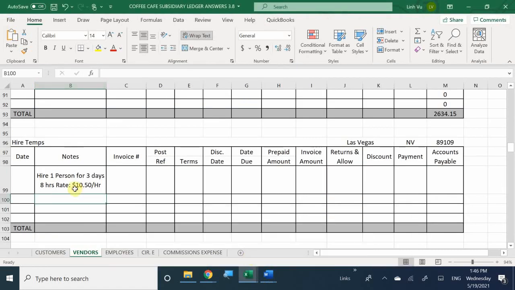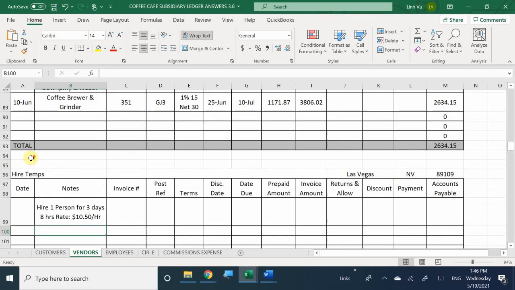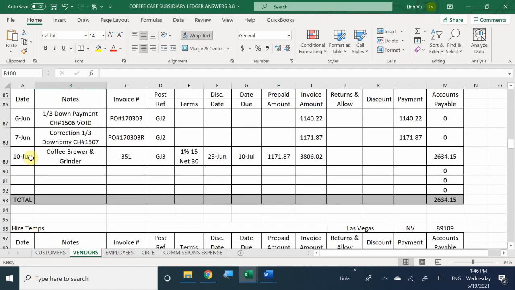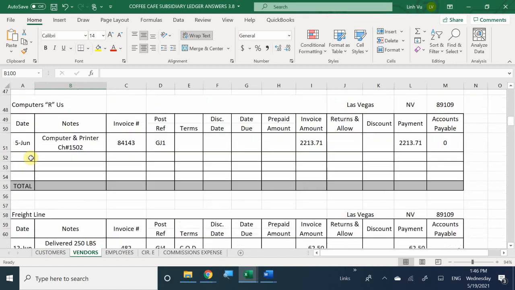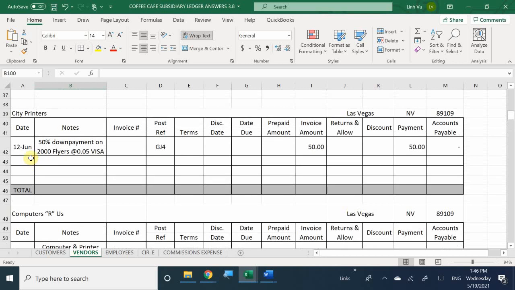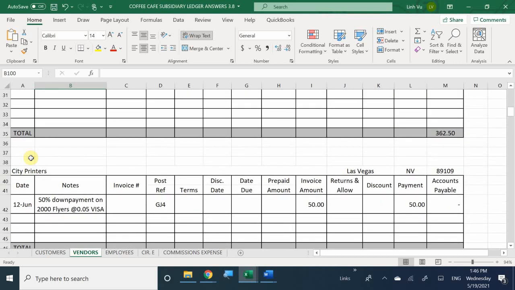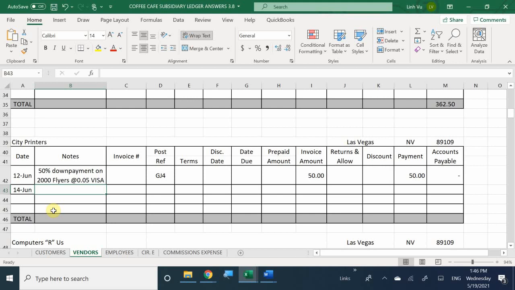Again, we left off with City Printers. So here we have to go find City Printers. Line 37. Perfect. Here we are. This time you actually picked up the transaction, so I want you to make a separate line transaction so you keep yourself aware of where you are on track.